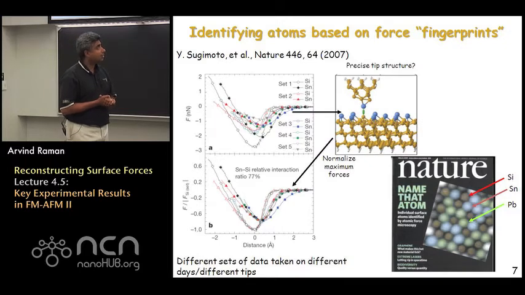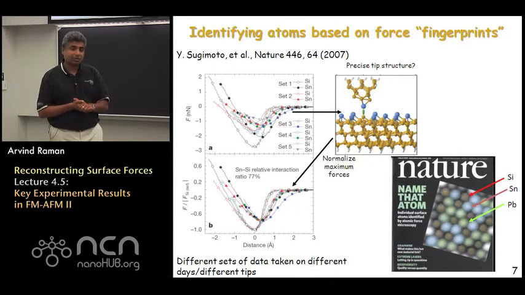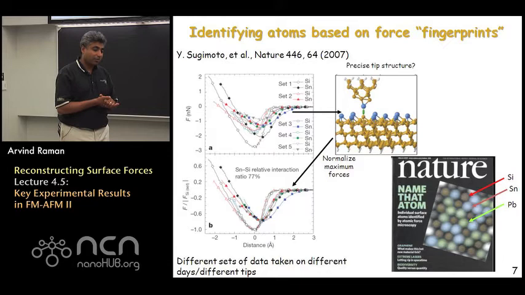And this has a lot to do with the fact that when you're doing atomic resolution imaging, as we've talked about before, the actual atomic structure of the tip atom on the cantilever tip is extremely important and critical.